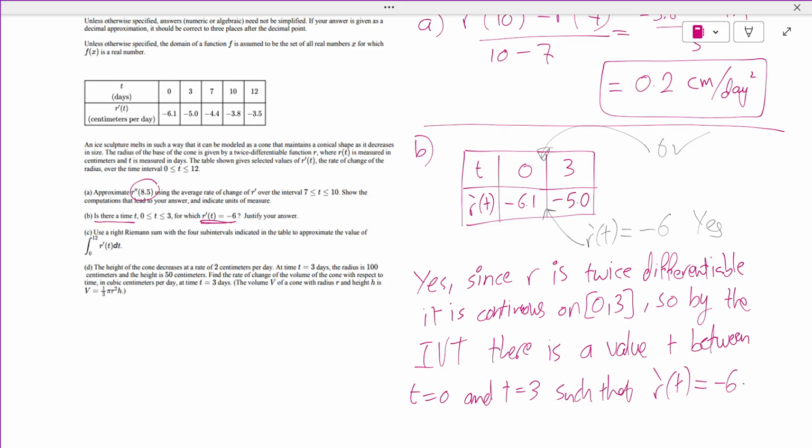Part C says use a right Riemann sum with the 4 subintervals indicated in the table to approximate the value of the integral from 0 to 12 of R prime.